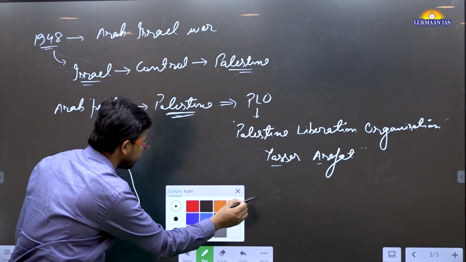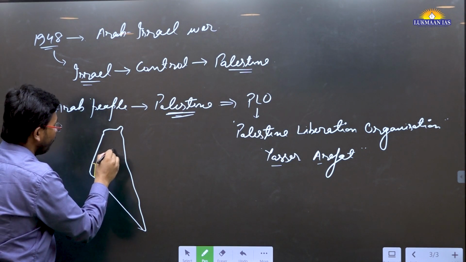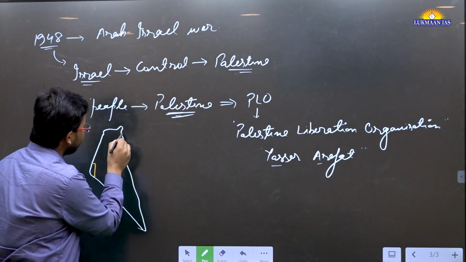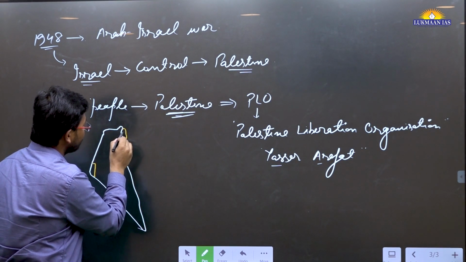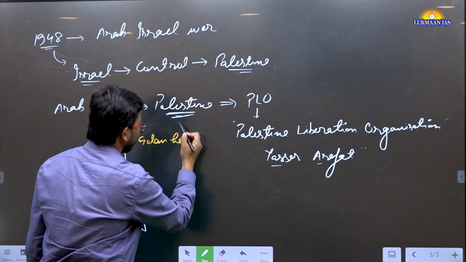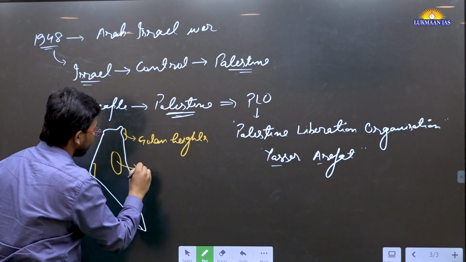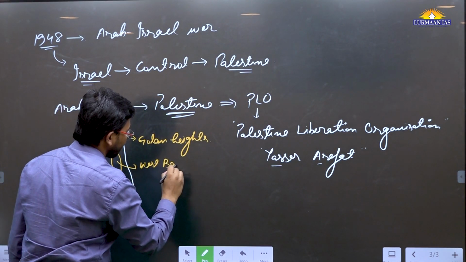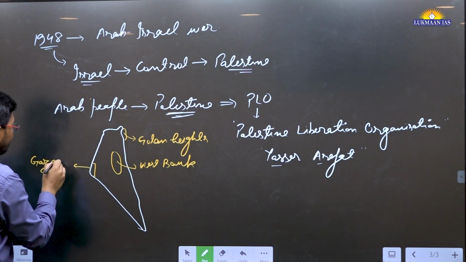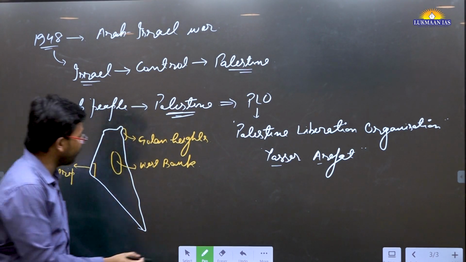Over here we have the Gaza Strip, over here an area known as the West Bank, and over here an area known as Golan Heights. This is the present day map of Israel.